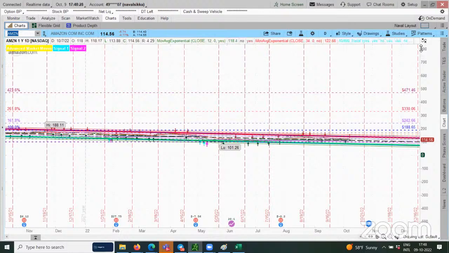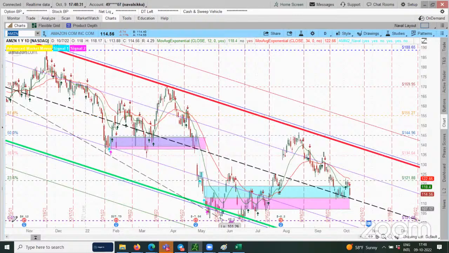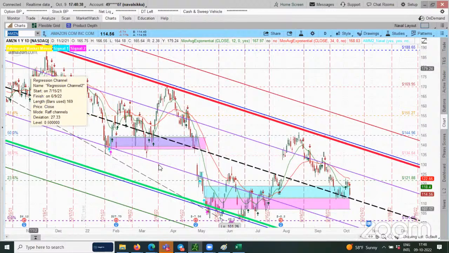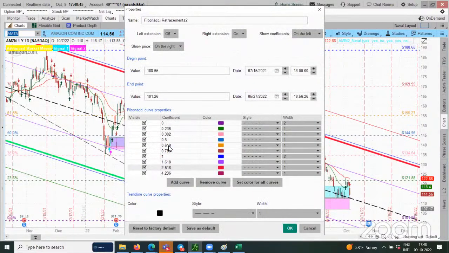So I have to look at this one more time. But these levels, 0, 23, 38, 50, 61, 78, 100, are very useful levels. You can click edit. You can add as many as you want. I have added only these coefficients, and people add more. It's up to them. I am fine with these levels.